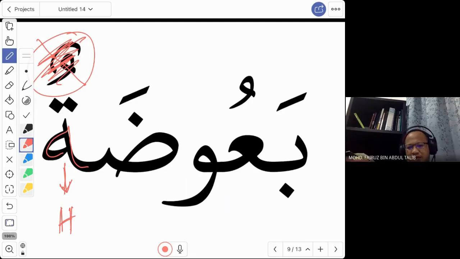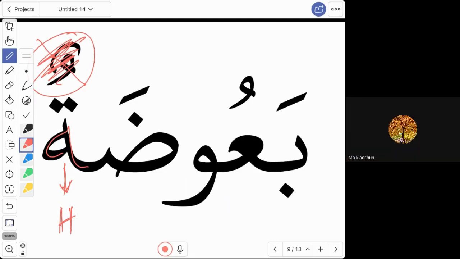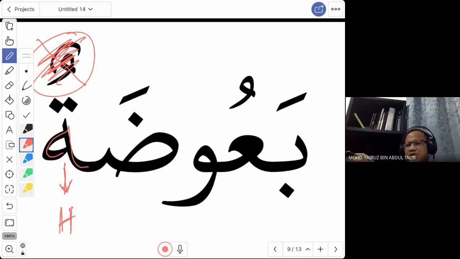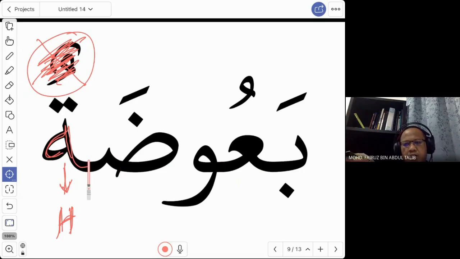So try again. Ba'u. Just replace it, ba'udah. Correct. So remember, if you have this ta and you do not want to read it, then the sound will be an H sound. So we say ba'udah, and not ba'udat.